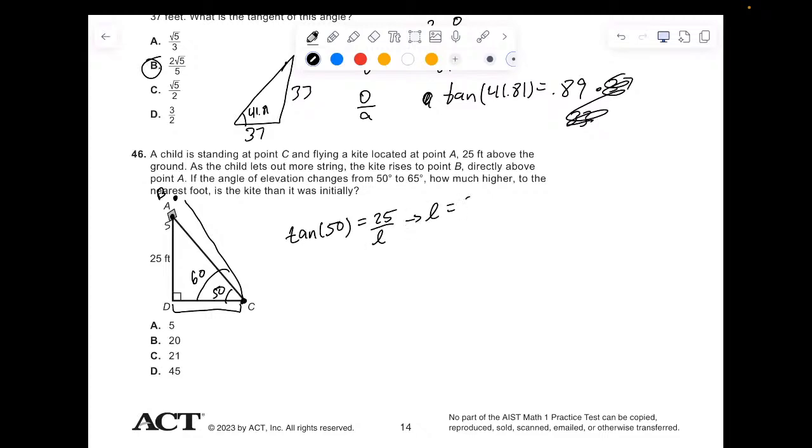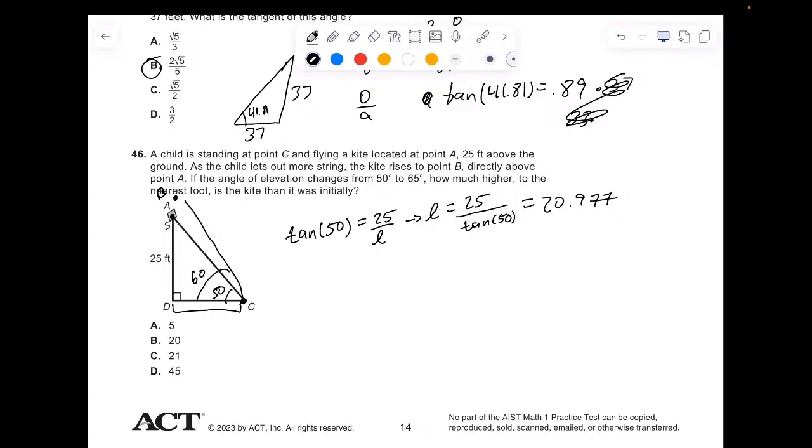So the length is equal to 25 over tangent 50, which is, let's see, 20.977.